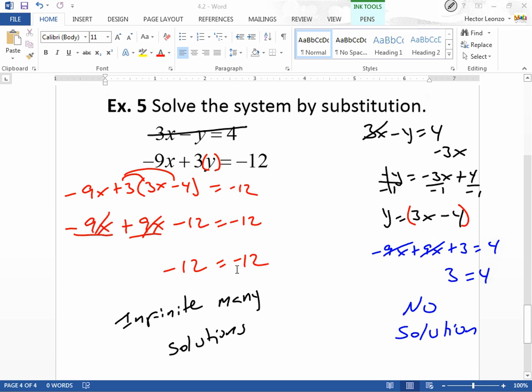We're going to get rid of all the letters. For infinitely many solutions, I'm going to have the same number on both sides, negative 12 equals negative 12. For no solution, I'm going to have different numbers on both sides, like 3 and 4. And if it is just one solution, those were the examples that I just did. So good luck on your homework.